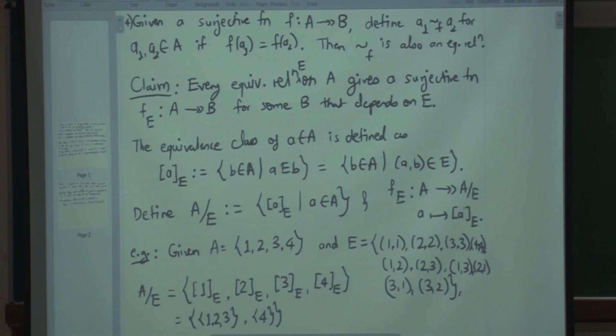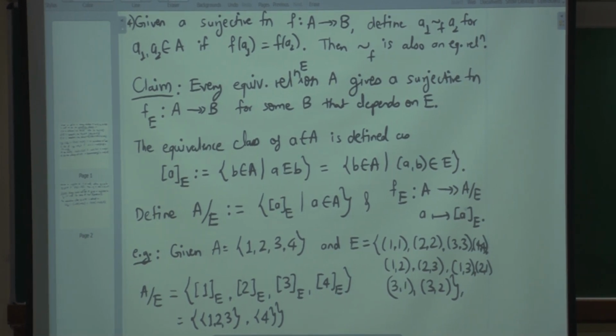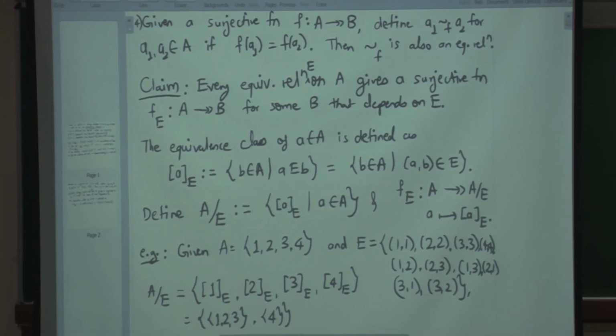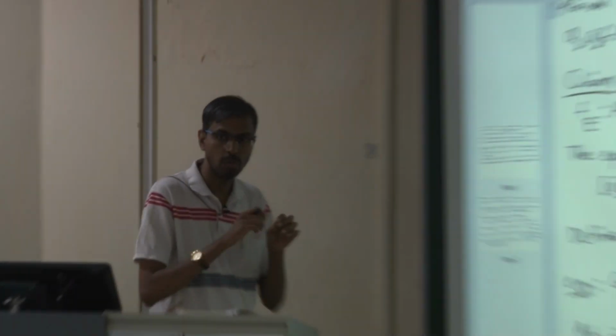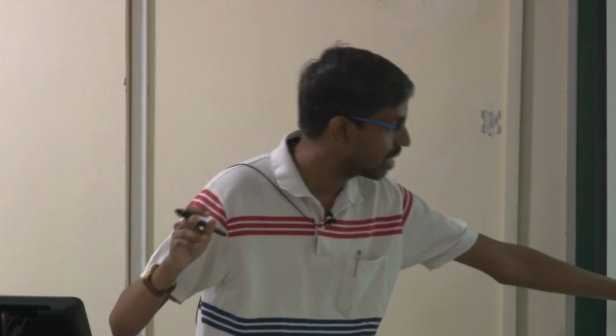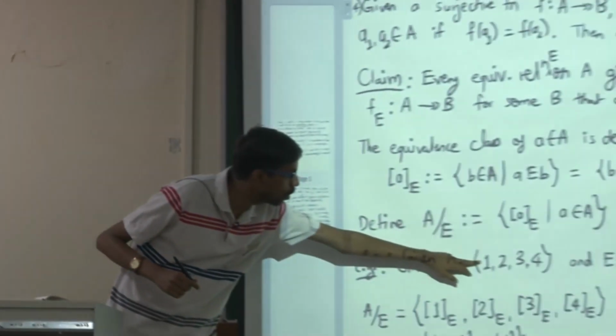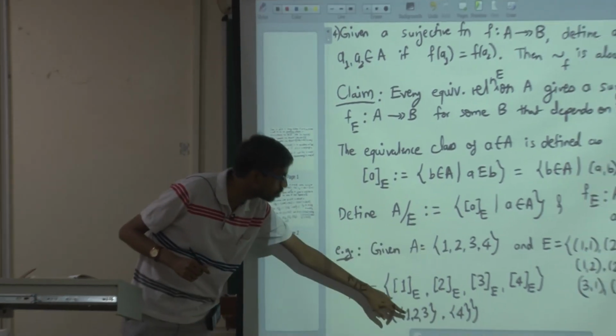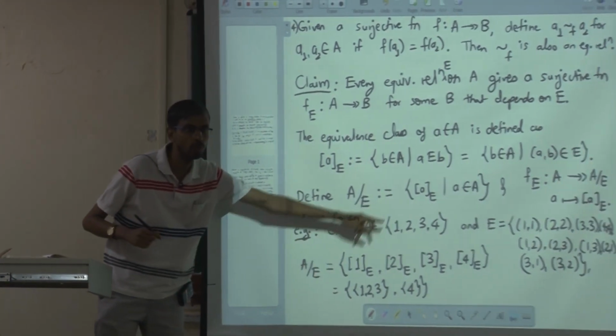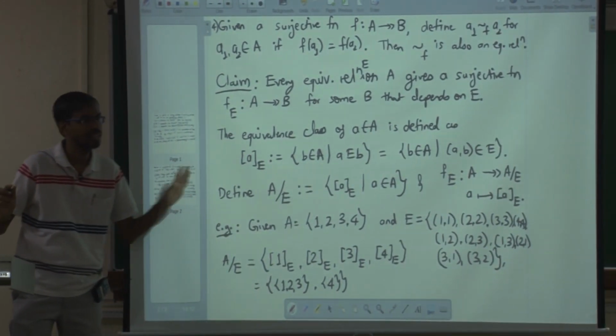So therefore, this map is surjective. This is also well defined. You understand A is a 4 element set in this example, and this is a 2 element set. 1 maps to {1, 2, 3}, 2 maps to {1, 2, 3}, 3 maps to {1, 2, 3}, 4 maps to {4}. That is the map.